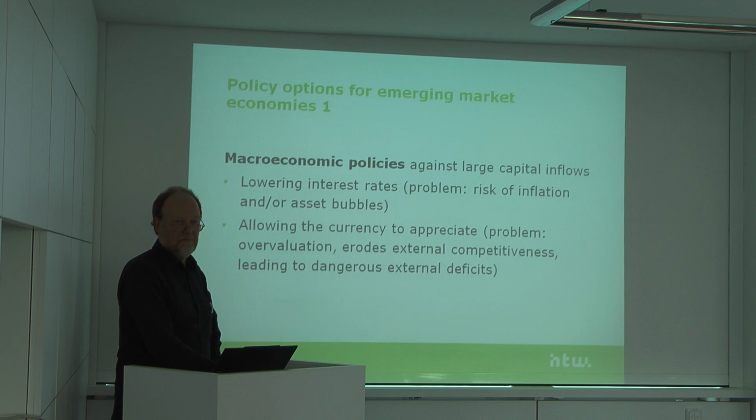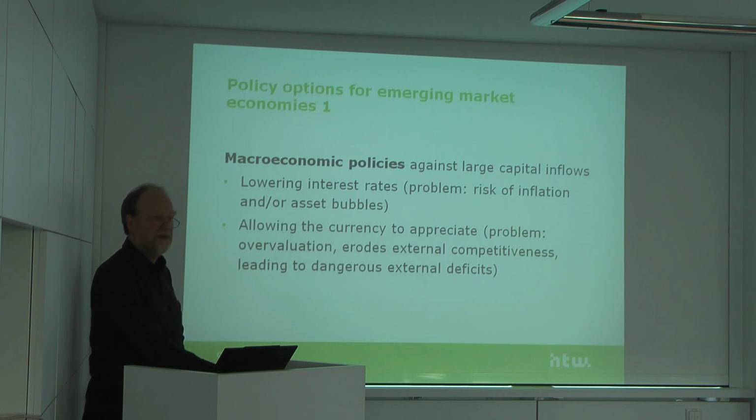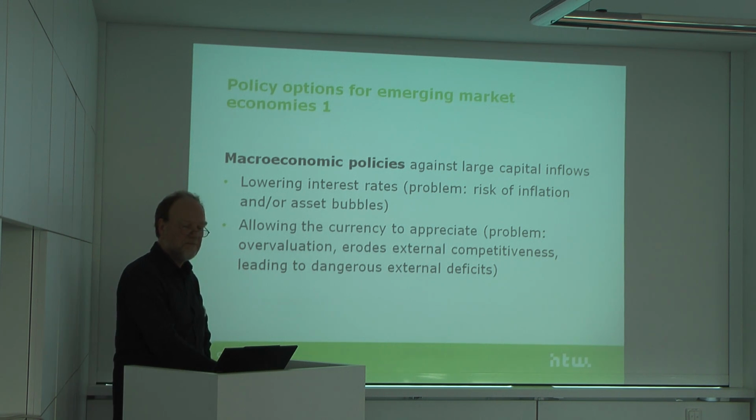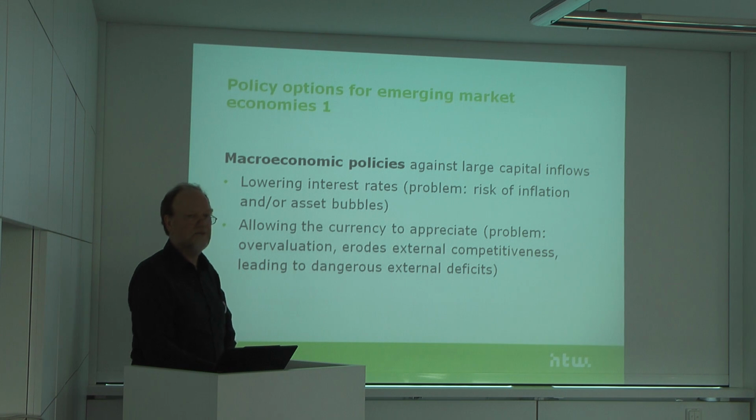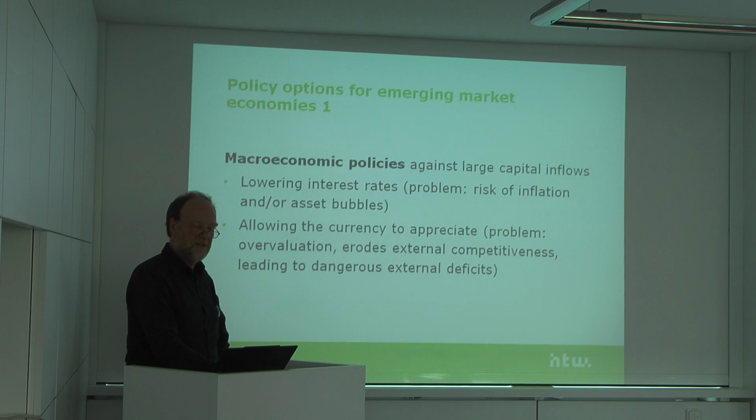The problem, therefore, logically, is that within the countries, the risk of inflation and bubble developments may increase. The alternative, or one alternative, would be to allow for currency appreciation. The problem again then is we have overvaluation, we have the problem of competitiveness and of external deficits.